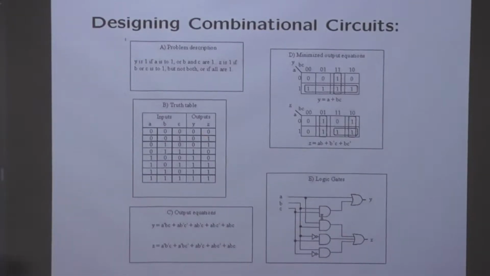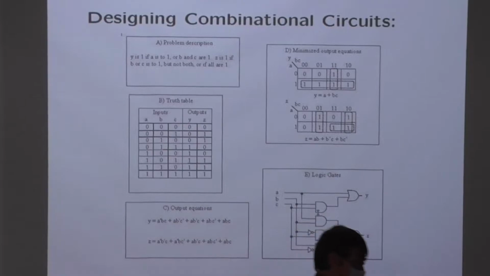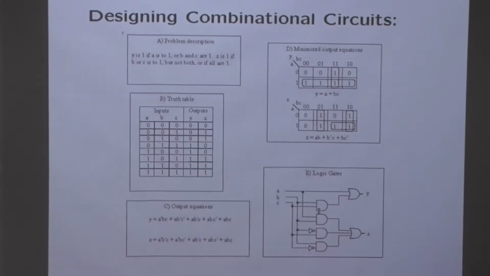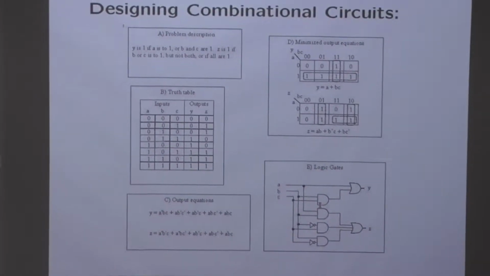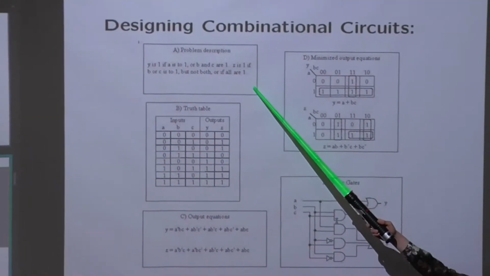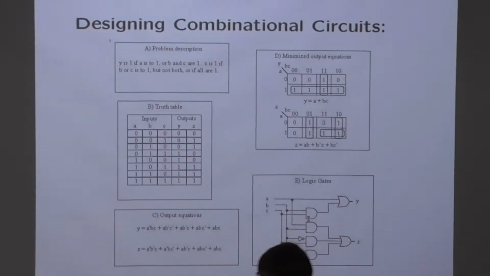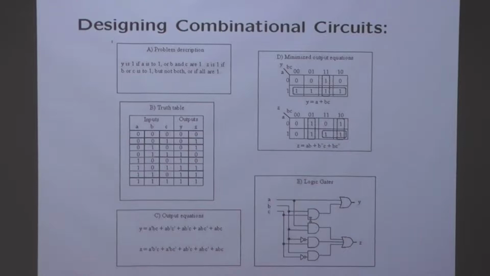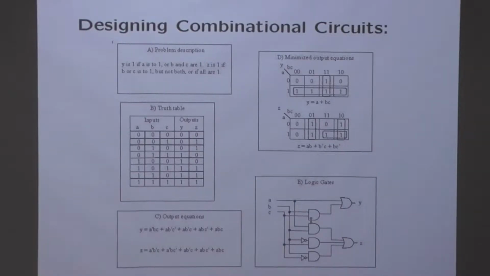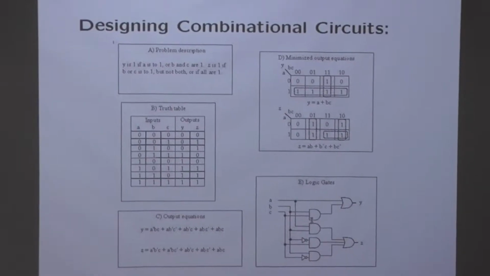This problem description may be given to you by a client, or by another department within your company. At any point, it is a description of the problem which your circuit, or your controller, is meant to solve. From this description, we then derive a truth table, or similarly rigorous description of the outputs in terms of the inputs, right?